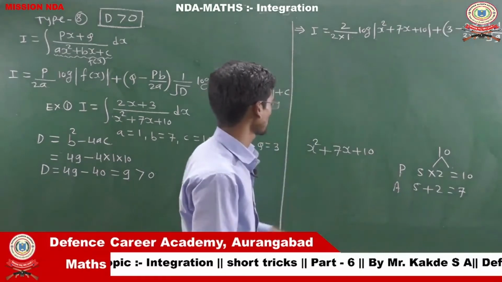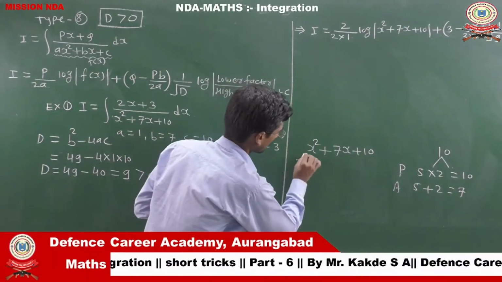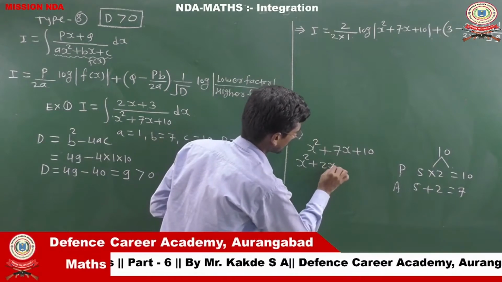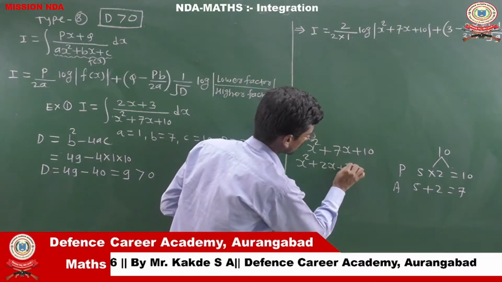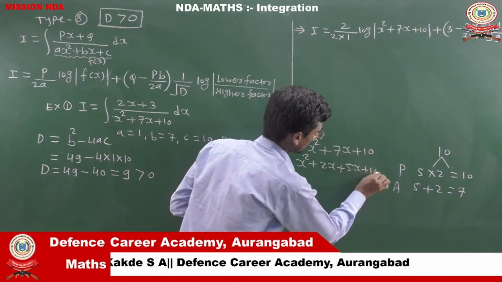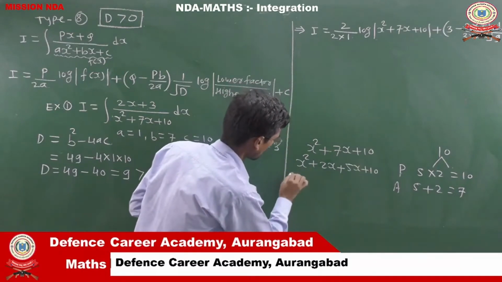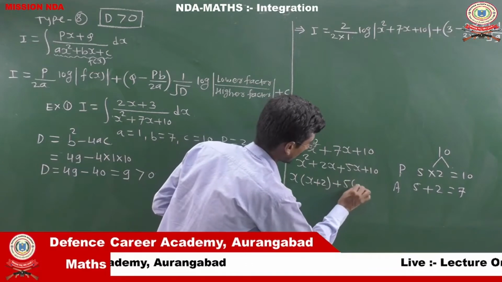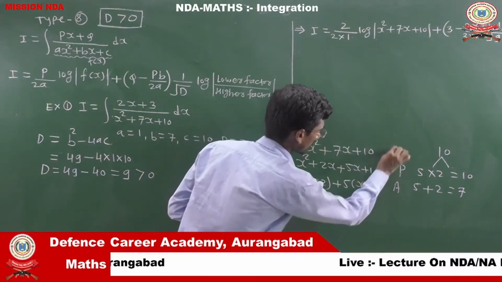उसके फैक्टर्स जो क्या आ जाएंगे, x square plus we can write here 2x plus 5x plus 10. So if I take x common, it gives x plus 2. Take 5 common, x plus 2.